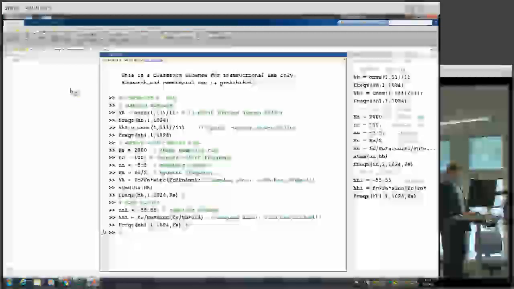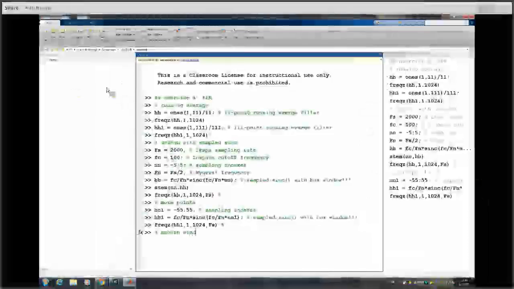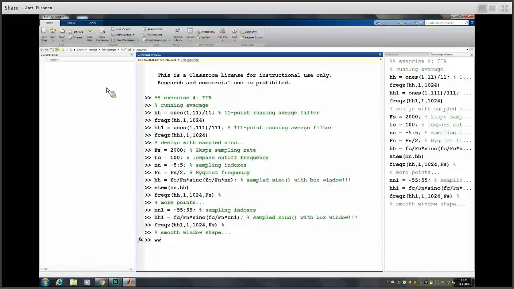So smooth window shape. For example, we calculate WW equals, let's see, Hamming.